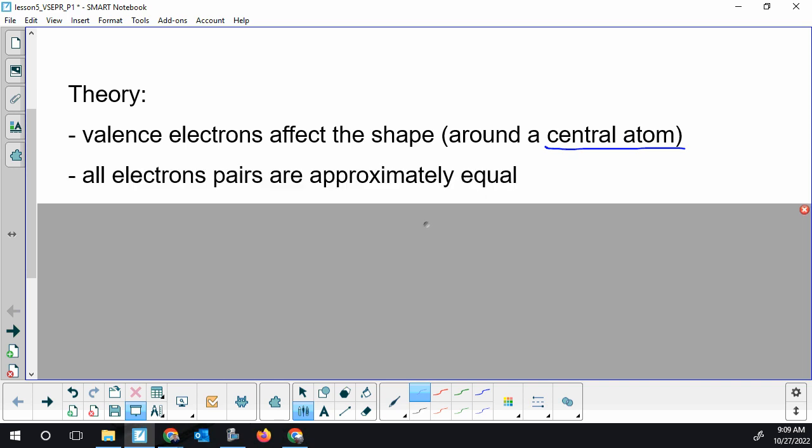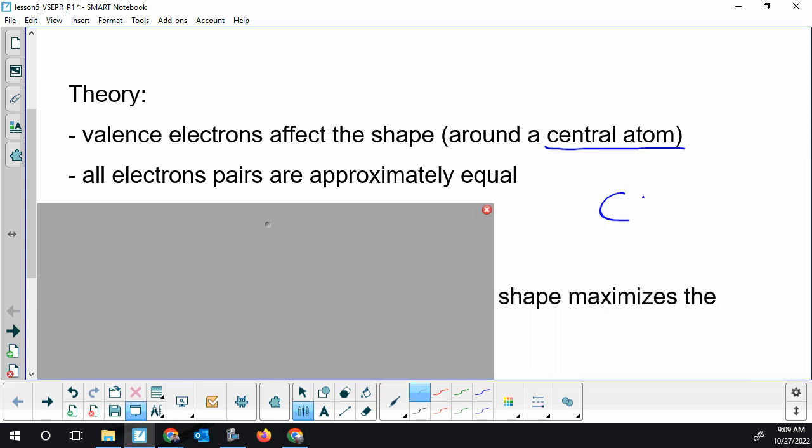The theory treats all electron pairs as being approximately the same. We'll tweak this at the end of the lesson and realize there's subtle differences between lone pairs and bonding pairs. But right now, they're all going to be the same.